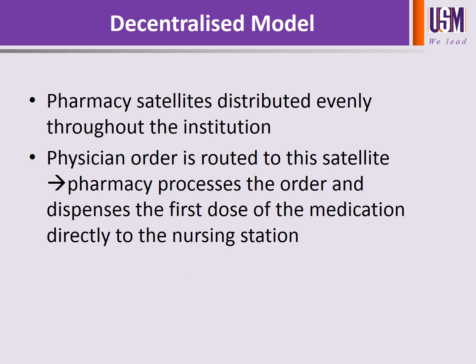The decentralized model, on the other hand, is characterized by pharmacy satellites distributed evenly throughout the institution. It can be one satellite in one block in a big hospital. A physician order is routed to this satellite. The pharmacist there processes the order and dispenses the first dose of the medication directly to the nursing station.